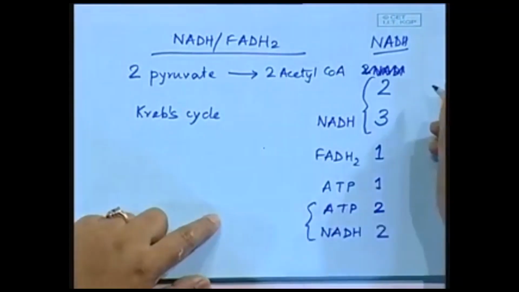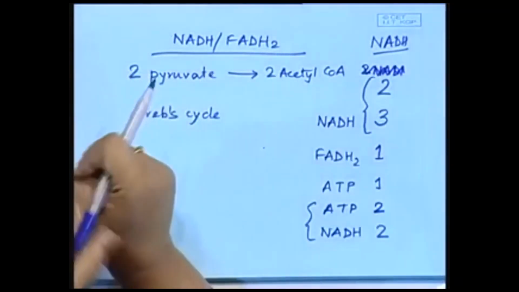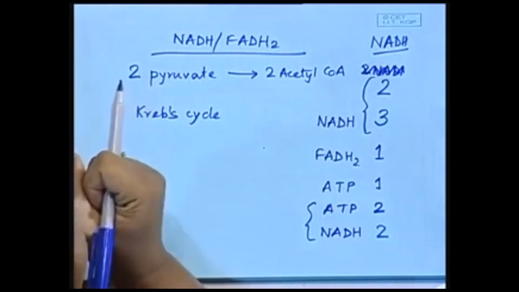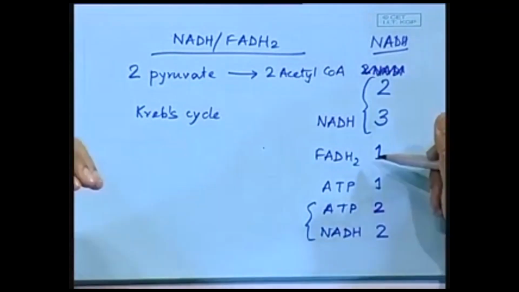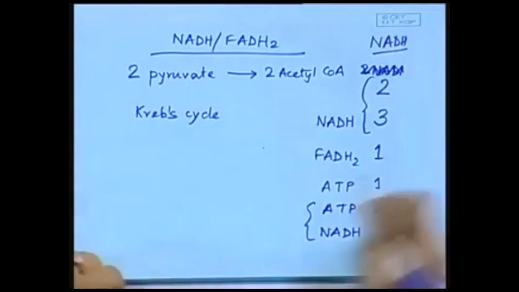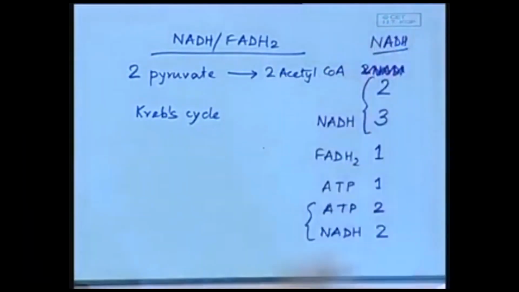So now, what else do we know from oxidative phosphorylation? Each NADH is going to give me 2.5 ATP, each FADH2 is going to give me 1.5 ATP. So calculate how many ATP you are supposed to get from this information, tell me.